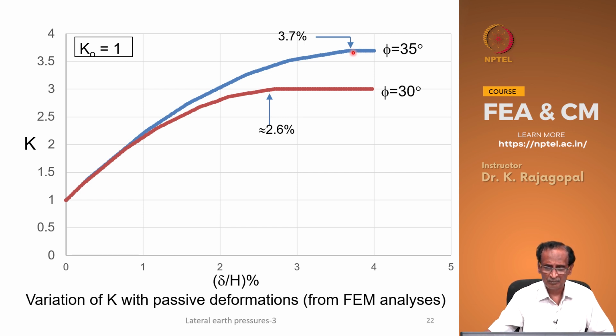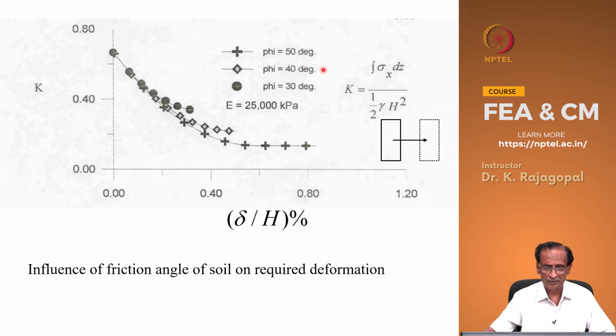See, compare this 2.6 and 3.7 to the deformation that you require in the active state. See, for 30 degrees, your required amount of deformation is only about 0.35%.